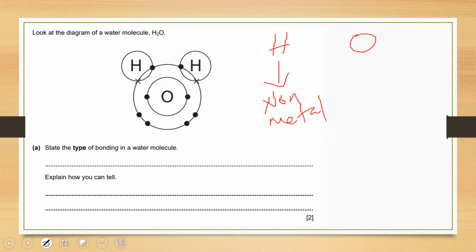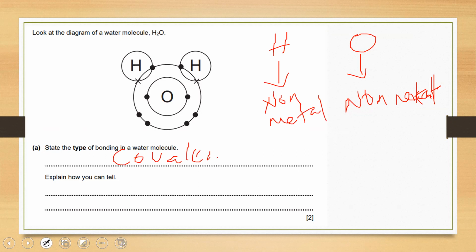Hydrogen is a non-metal. What of oxygen? It is a non-metal as well. So you can check your periodic table for that. So any bonding that occurs between two non-metals is a covalent bond.